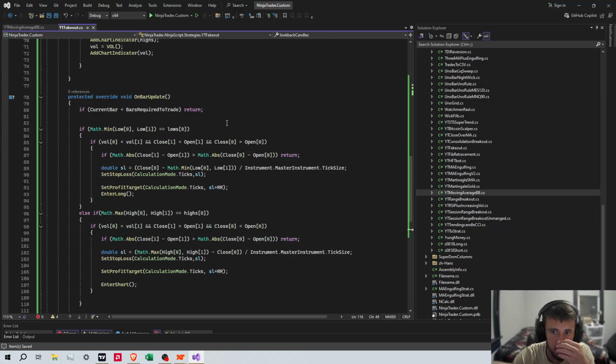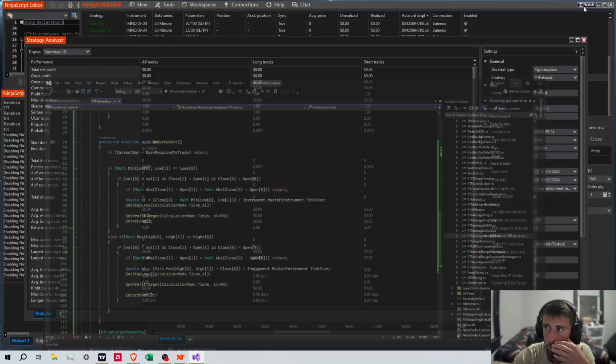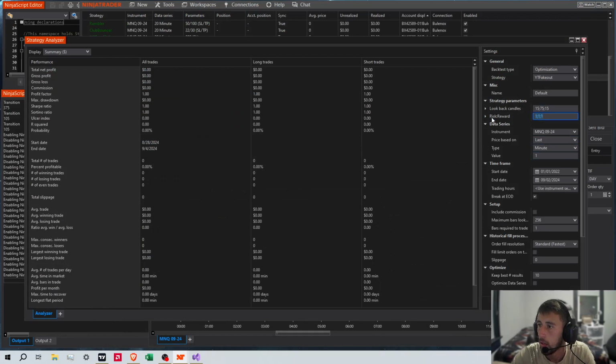Are we going to get any errors? Nope. And now this can be 0. Oh, it's not going to load up.